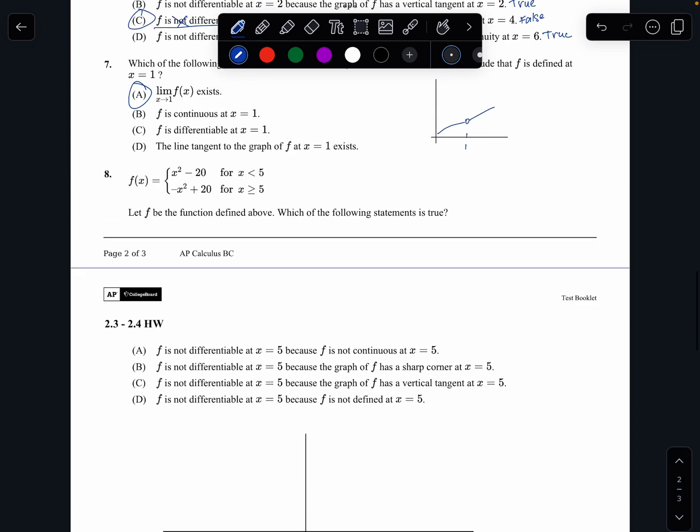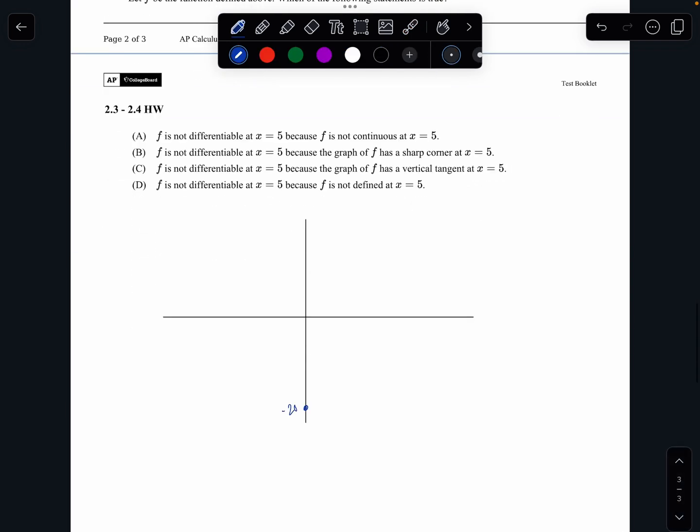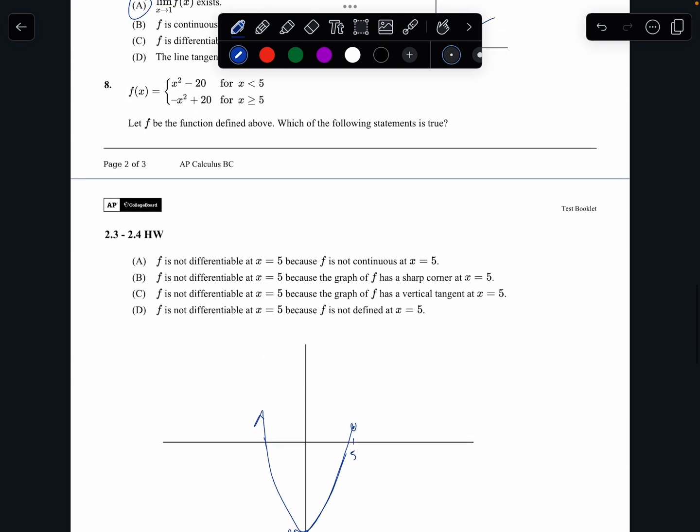Now if I plug in 5 into the function right here, that's going to be 25 minus 20, so it's going to be 5. So let's say at x equals 5, we're somewhere like right here, something like that. Not to scale for sure. So we're looking at something like that right there. And is that a closed dot? No, open circle right here.